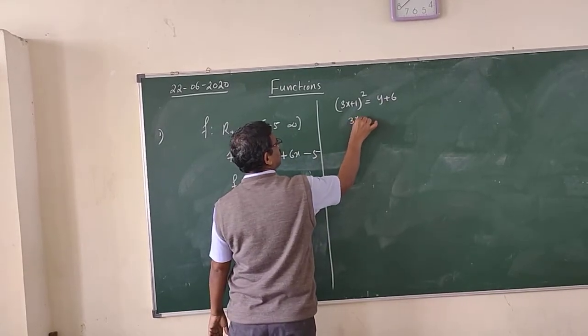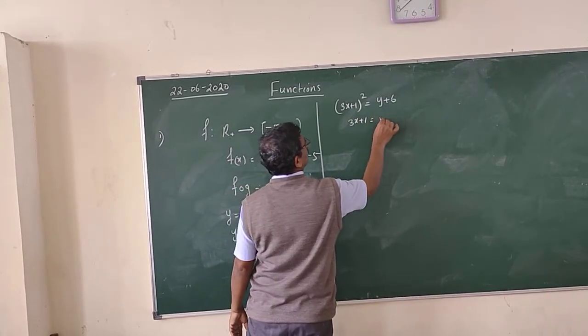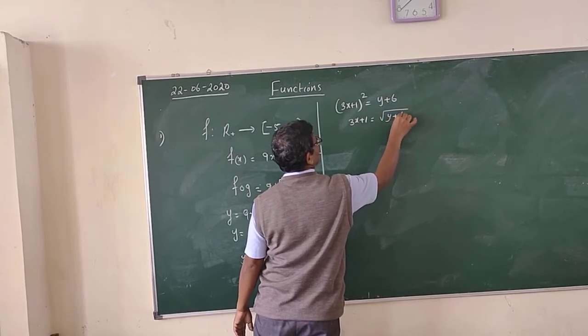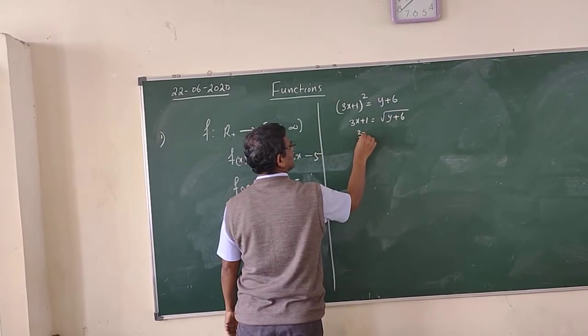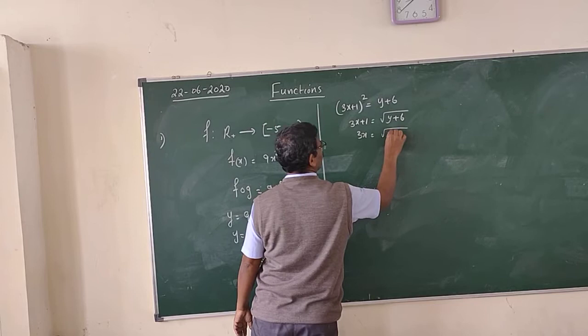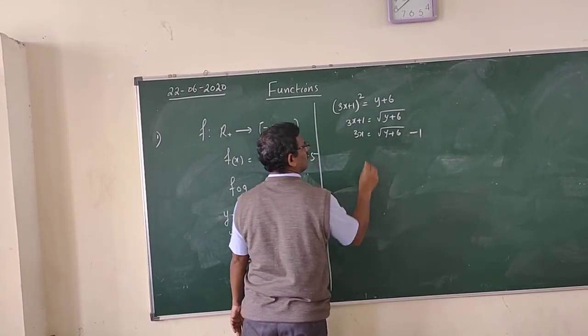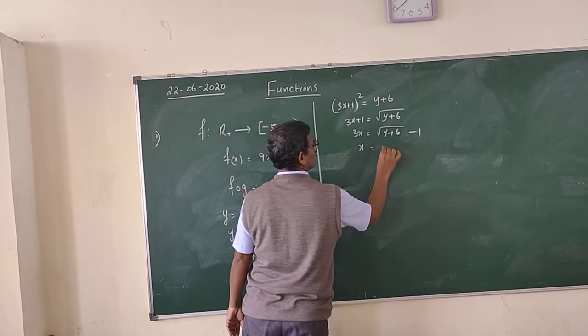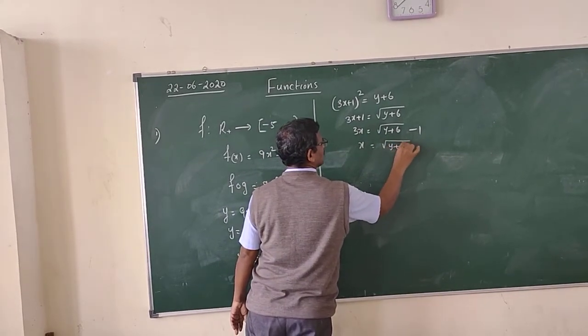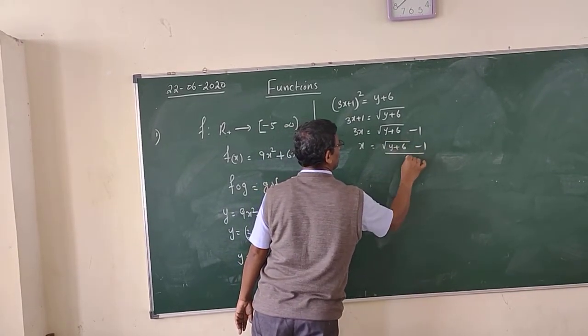Or 3x + 1 = square root of (y + 6). Or 3x = square root of (y + 6) minus 1. Or x = (square root of (y + 6) − 1) divided by 3.